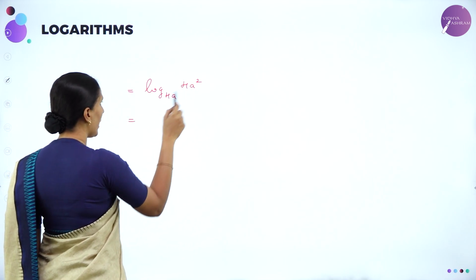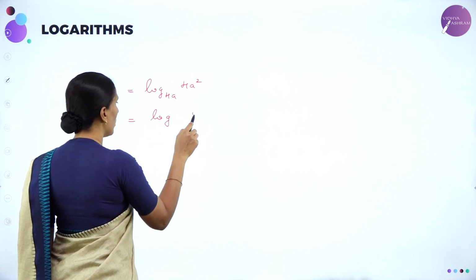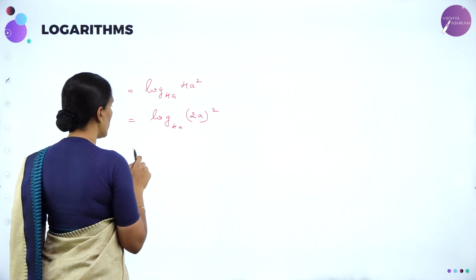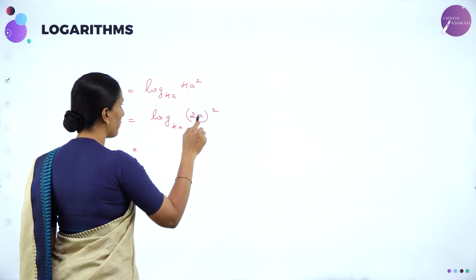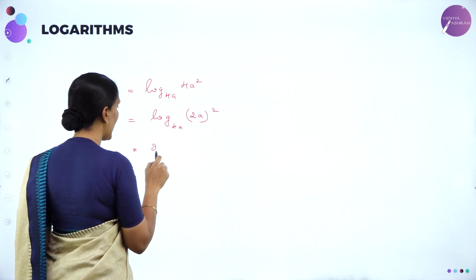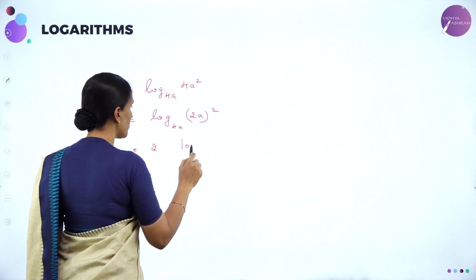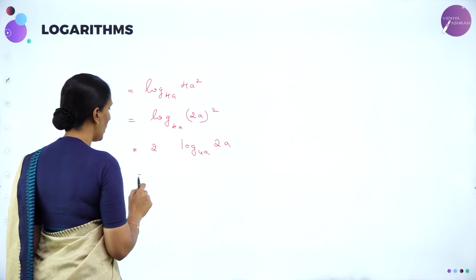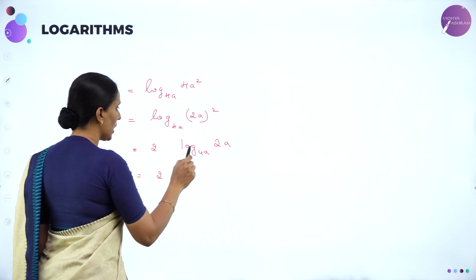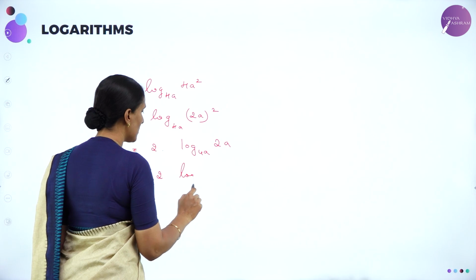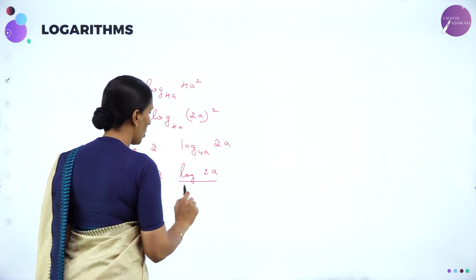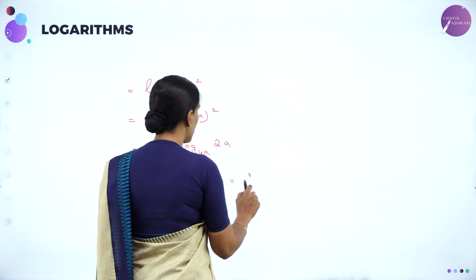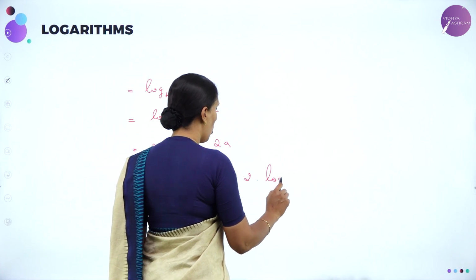Now 4a square can also be written as 2a whole square, log of that to the base 4a. So we have this in the form of m power n, which can be written as n into log m. So that is 2 log 2a to base 4a. Now let me keep 2 here. Here I'll separate this as log 2a by log 4a, and this can be written as 2 into log.